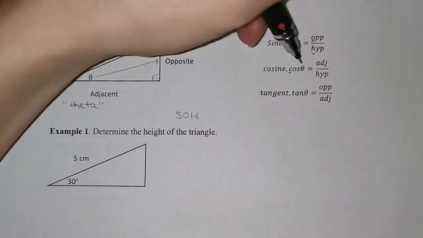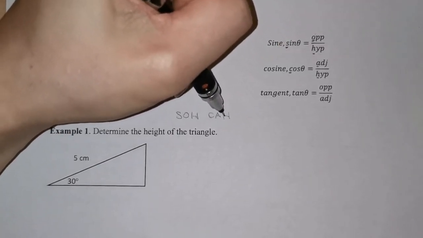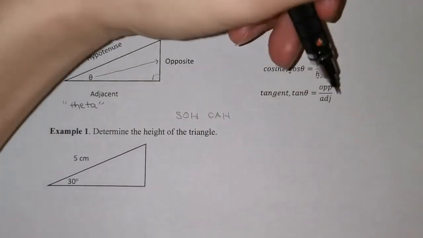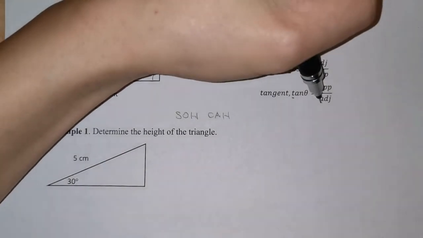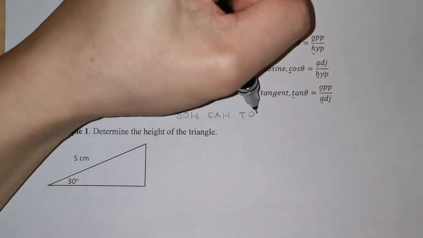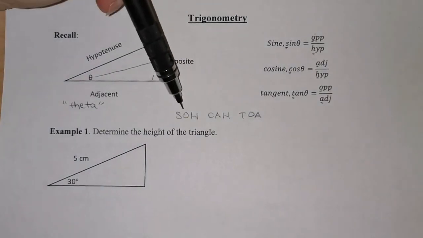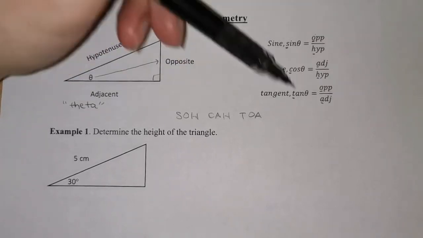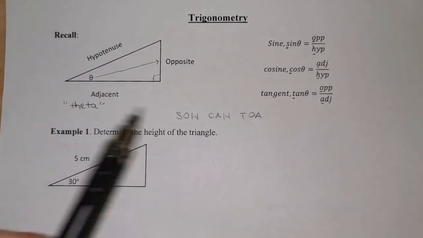The cosine, C-A-H, cosine is adjacent divided by hypotenuse, and tangent of angle theta is opposite divided by adjacent. So this is a short form way, SOHCAHTOA, of helping you remember this whole thing. So if you're looking to find sine, opposite divided by hypotenuse.